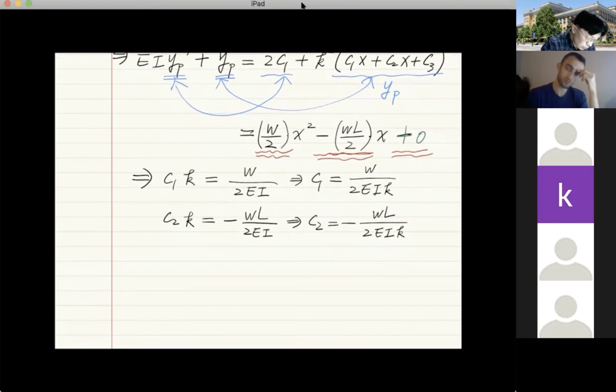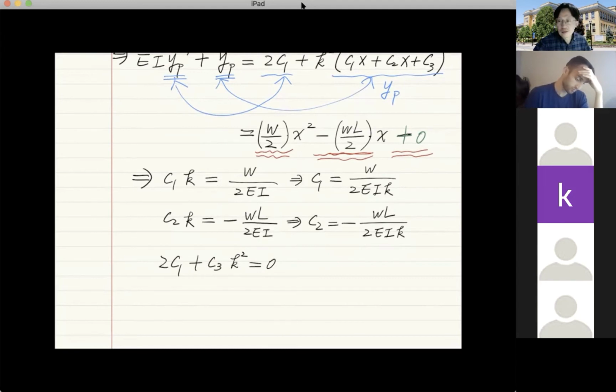That leads to this expression, 2C1 plus C3 times K squared must be 0, because there's no zeroth order term. This 0 is this 0 here.